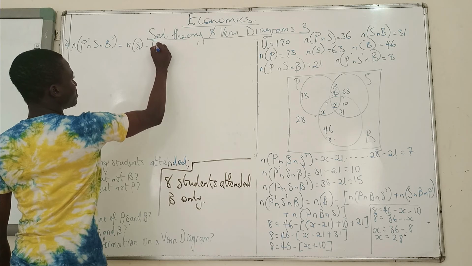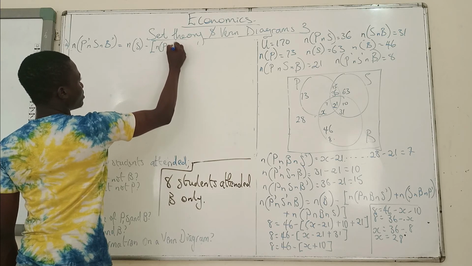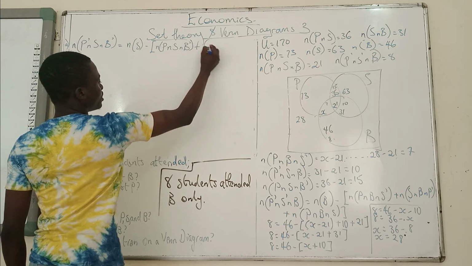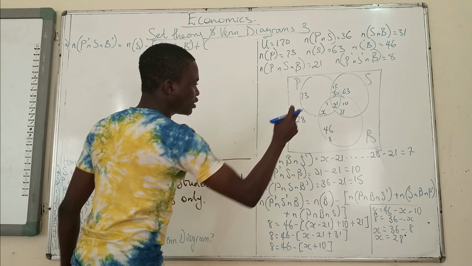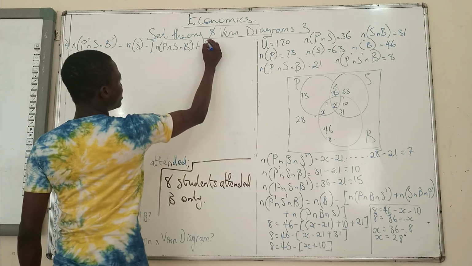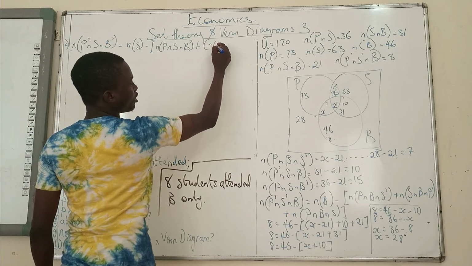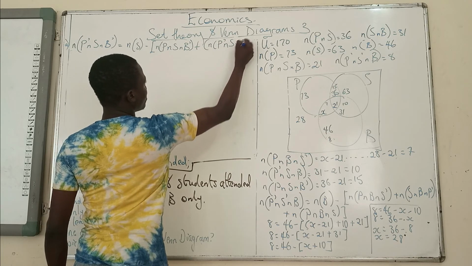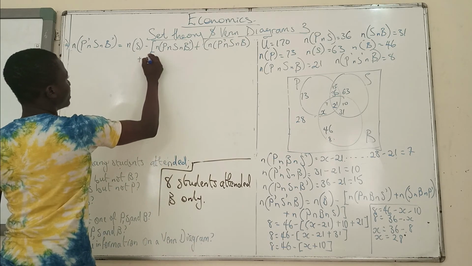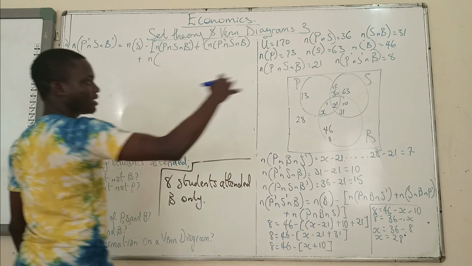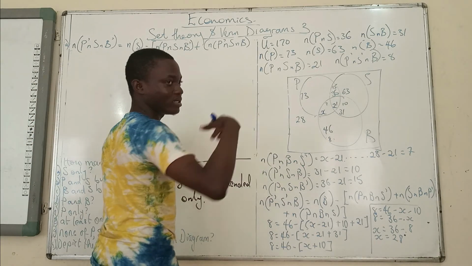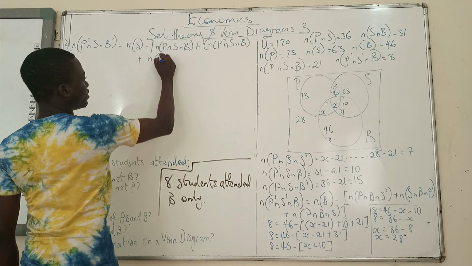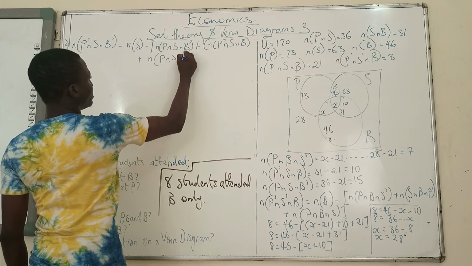So minus the cardinality of P intersection S intersection B prime, plus, open a bracket, the number of students that attended secondary school and post-secondary school only, so the cardinality of P prime intersection S intersection B, plus the cardinality of the number of students that attended secondary school, primary school, and post-secondary school altogether, minus the cardinality of P intersection S intersection B.